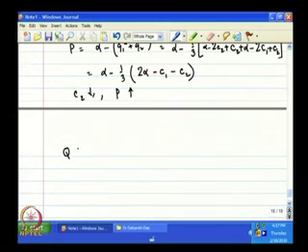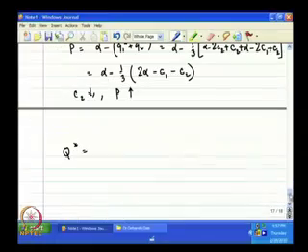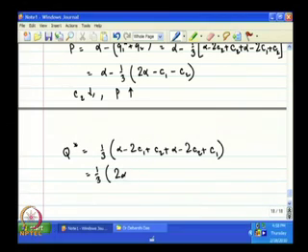What about the effect on total output Q? It is nothing but the summation of individual outputs, which means it is 1/3 of... which means that if C2 declines, then Q star is going to rise.